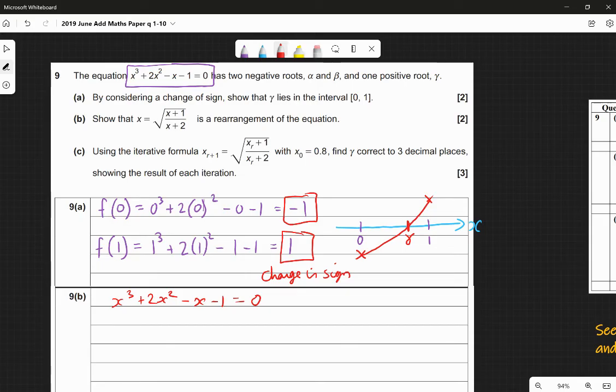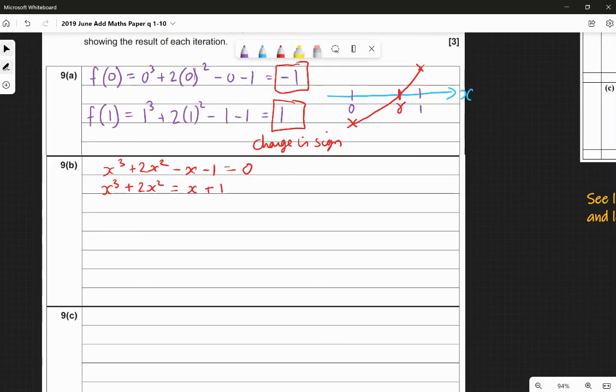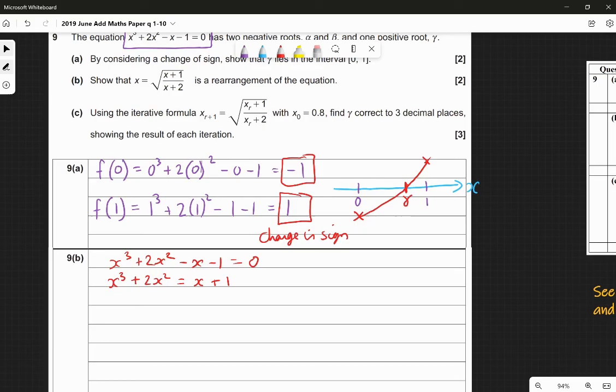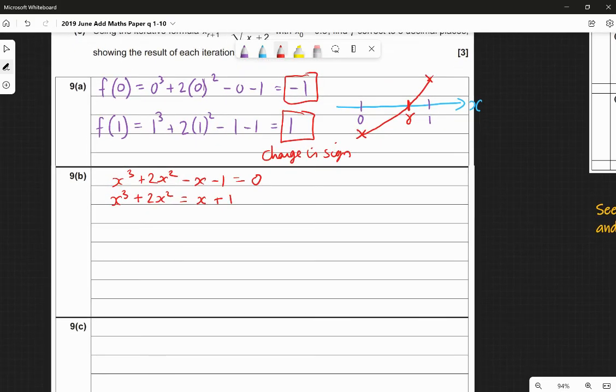Okay. Well, the x plus 1 might be gained by simply adding x and adding 1 to the other side. So I'm going to try that. x cubed plus 2x squared equals x plus 1. Now I want to get x plus 1 being divided by x plus 2. So maybe if I take a factor of x plus 2 out of the left-hand side, and if I do, I get x squared.